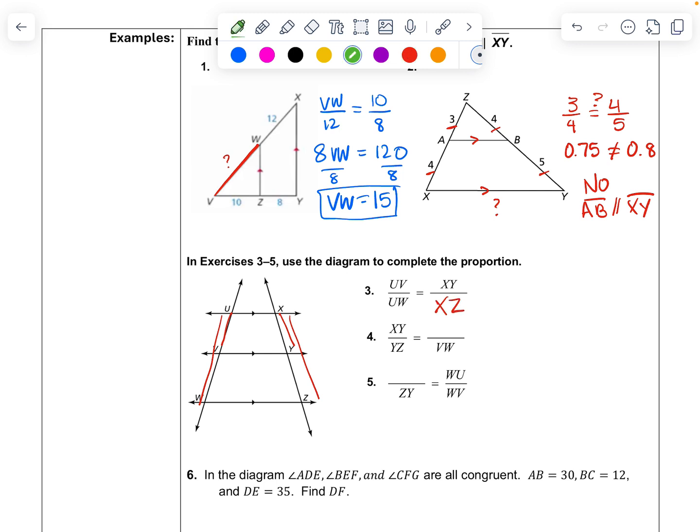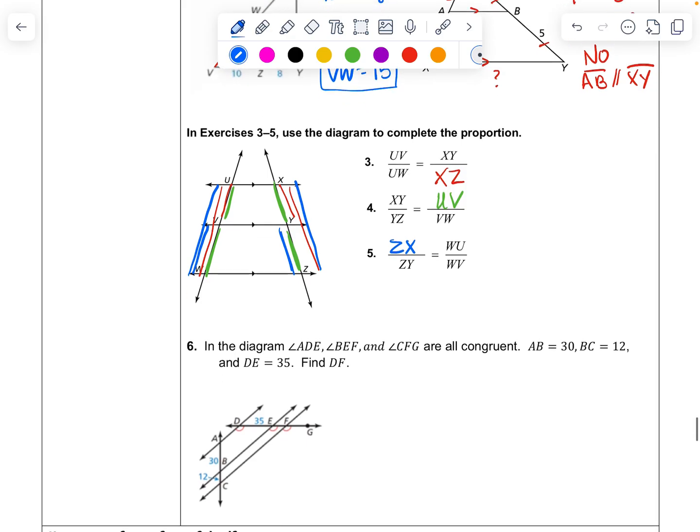Okay, and then the next one is XY goes with YZ, just like something goes with VW. Well, that something is going to be UV. Okay, and then the last one, something goes with ZY, just like WU goes with WV. So it looks like we're going to have ZX here. ZX. Okay.